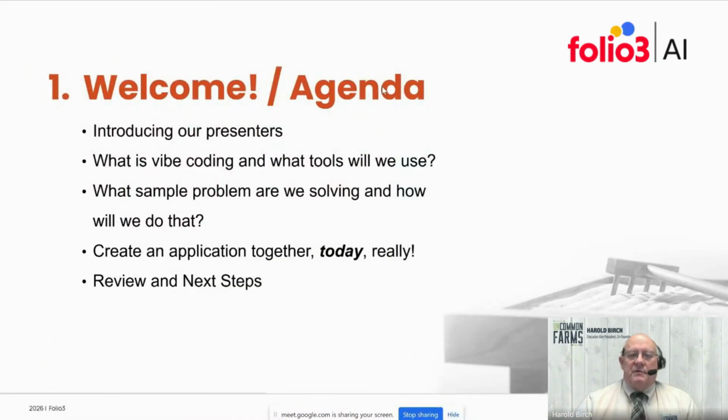We're going to talk about what is coding and specifically vibe coding with the use of AI tools, and what are some sample problems we'll try to solve, and we'll actually create an app together today. So we really will. When we get done, we will have a functional app, and then we'll do some review and next steps of how we can use that to move forward in your farms.